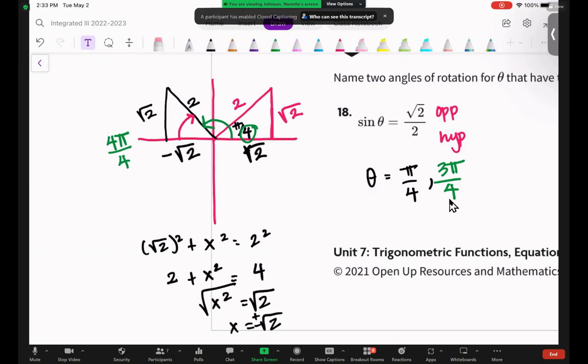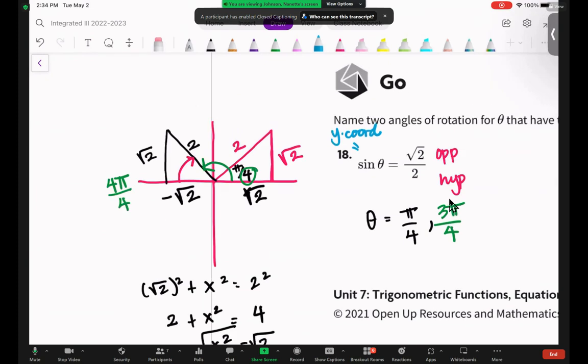Okay. The last little thing I'm going to show you is, remember how I told you that sine is kind of like the y coordinate? So here, when it was basically positive, I asked myself, where else is sine of an angle, I'll just say theta, positive?